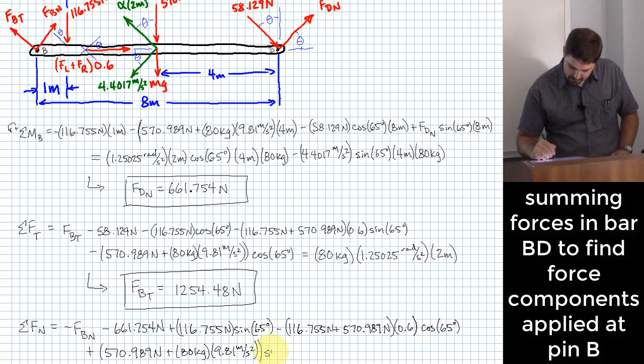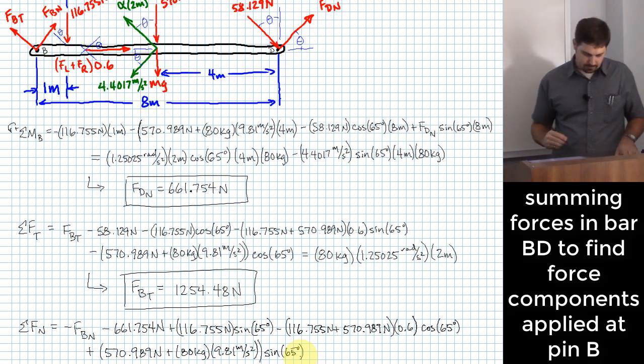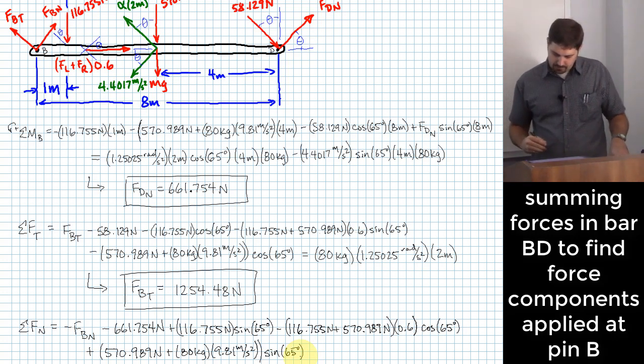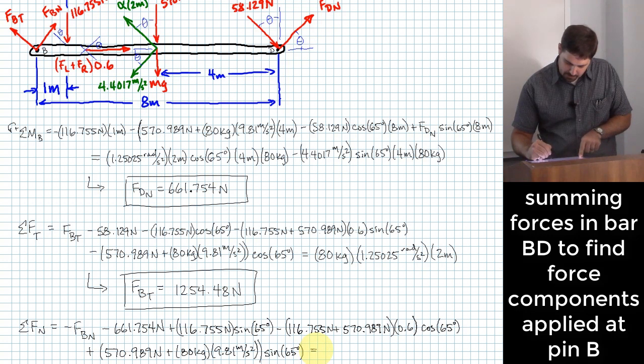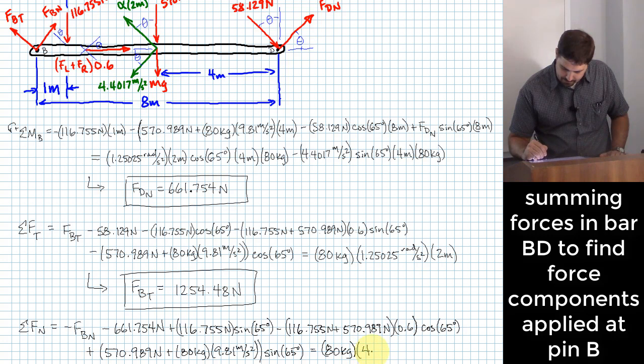The sine of 65 degrees. Then what? It's going to be equal to 80 kilograms times 4.4017 meter per second squared.